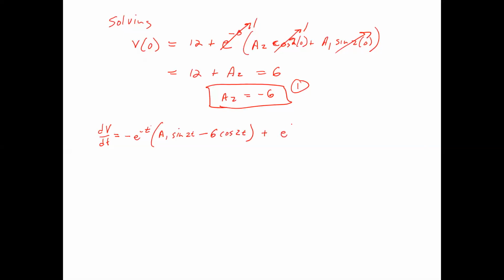plus e to the minus t, the exponential, times the derivative of the sinusoids, which is going to be 2A1 cosine of 2t plus 12 sine of 2t. That's the derivative of minus 6 cosine of 2t.